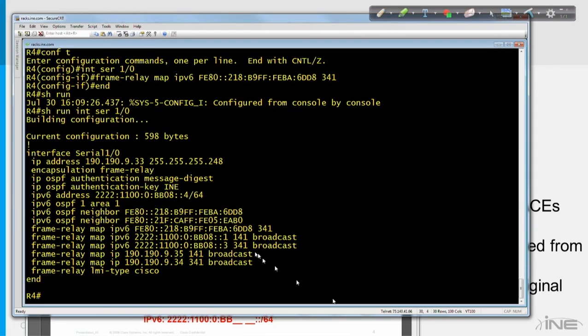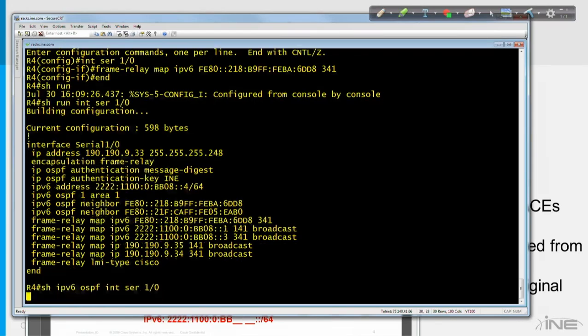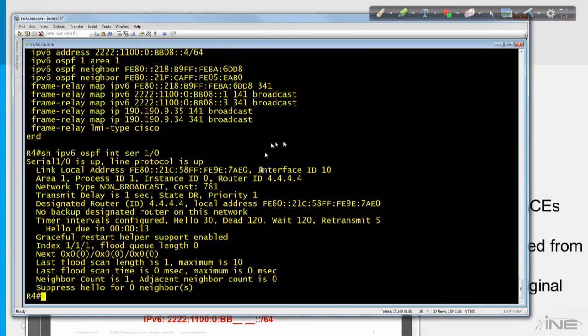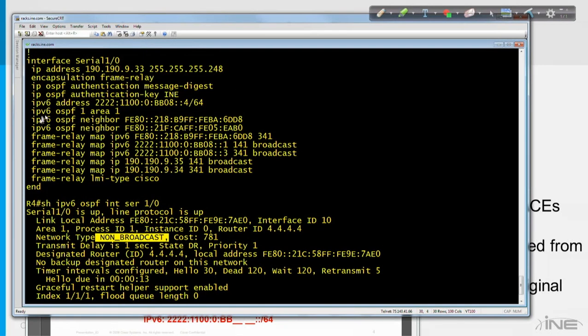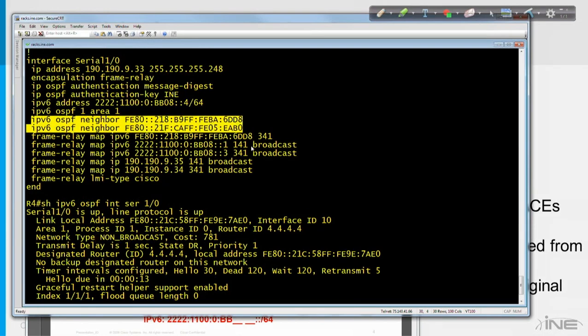So remember that network H, so let's just do this, show IPv6 OSPF interface serial 1/0. This is considered as non-broadcast. Because it's non-broadcast, the only way you're going to form an OSPF relationship across that kind of an interface is to have OSPF neighbor statements.